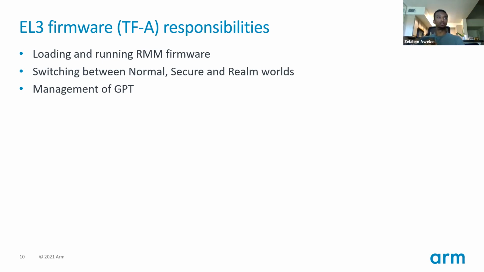These include loading and running the RMM firmware, also switching between the different worlds, and it also does the management of the GPT, right? The GPT is only accessible by the EL3 firmware.